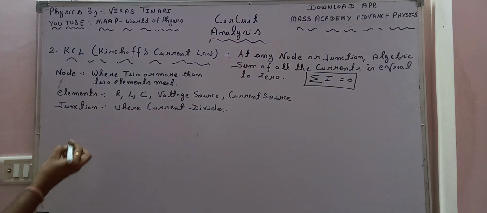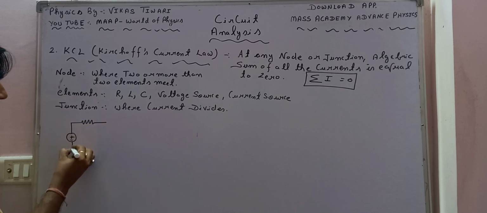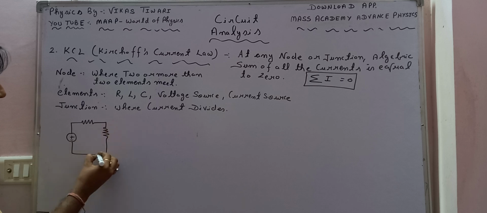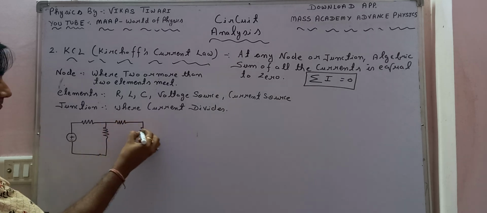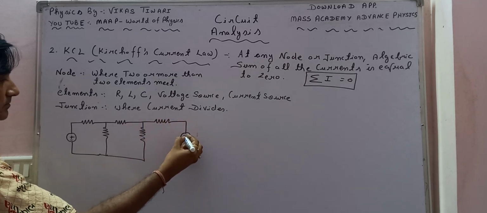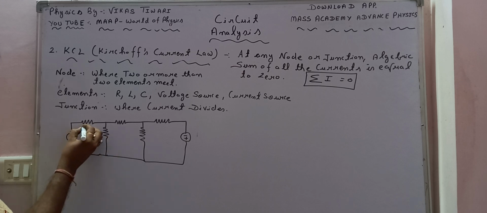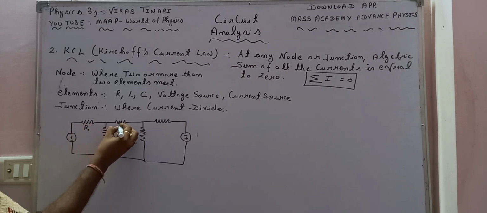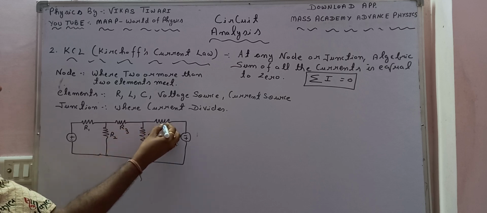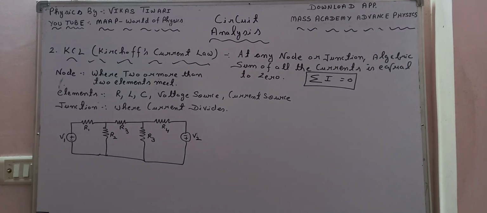Let us elaborate with an example. I am making a simple circuit here with some resistors, R1, R2, R3, R4, taken randomly, and voltages V1 and V2. I will show the difference between node and junction in this circuit.